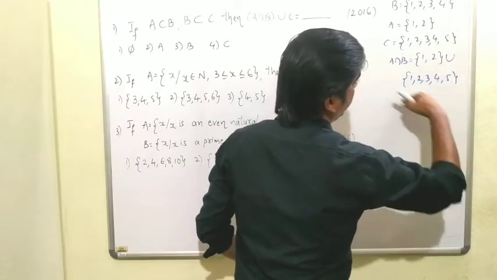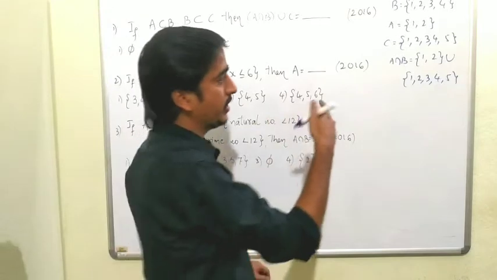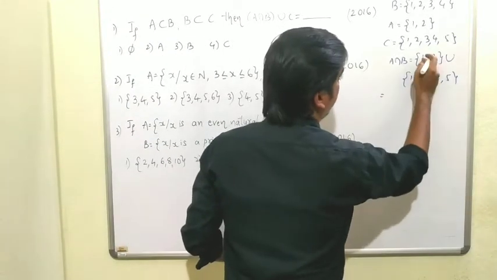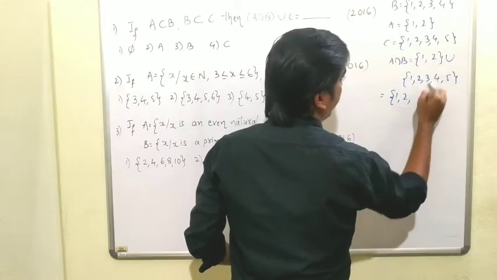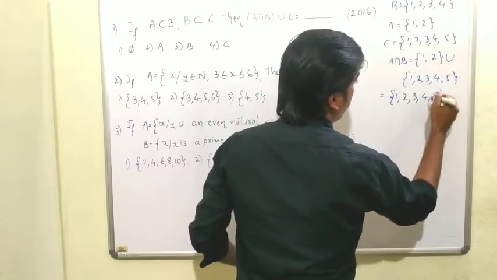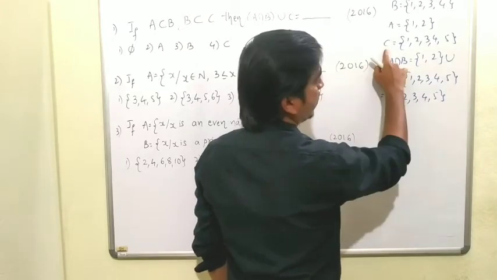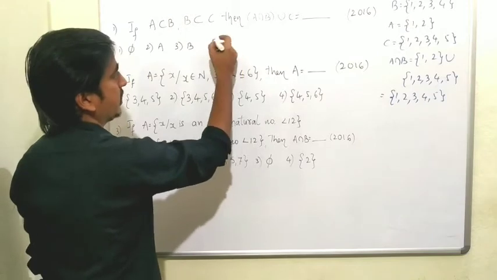By combining all the elements, 1 is repeated twice so write it once, 2 is repeated twice so write it once, then 3, 4, 5. So we got 1, 2, 3, 4, 5, nothing but set C, right? So the option is 4, because it is set C.